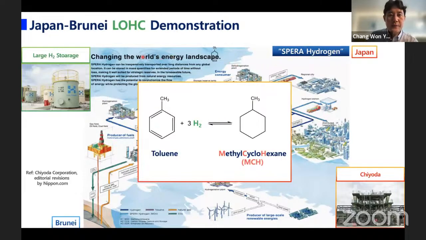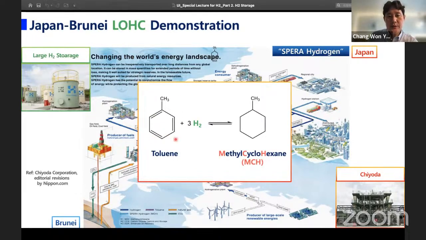And the second example of a long distance carrier in Japan is the Japan-Brunei LOHC demonstration. Japan chose toluene as the LOHC material.